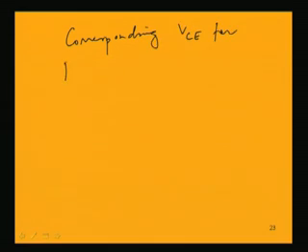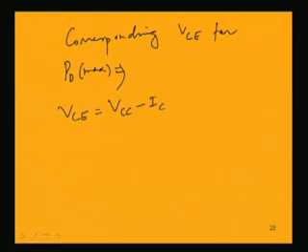And what is the corresponding VCE for that maximum power? The corresponding VCE for PD max, simply putting that equation again, VCC minus IC RL is equal to VCE, 24 minus IC, which we have found to be 1.5, into 8.